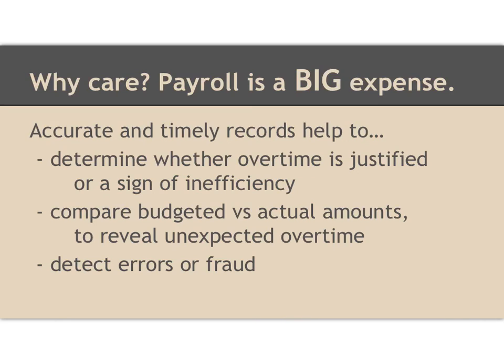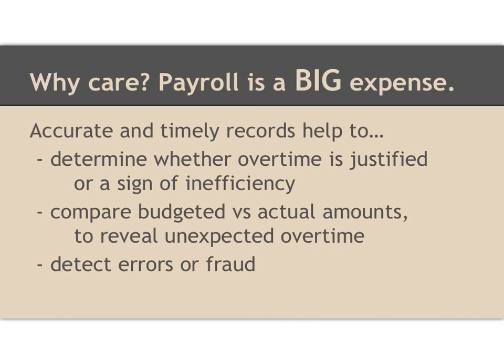The timeliness and the accuracy of the records also allow the manager to compare the budgeted amount for payroll versus the actual amount, and yes, that includes the unexpected overtime that we talked about before. Having those records be accurate and on time also allows for the detection of any kind of errors, any kind of mistakes that have been made, or worse yet, there could be some fraud going on.